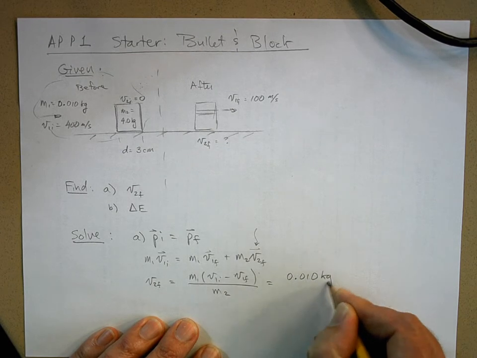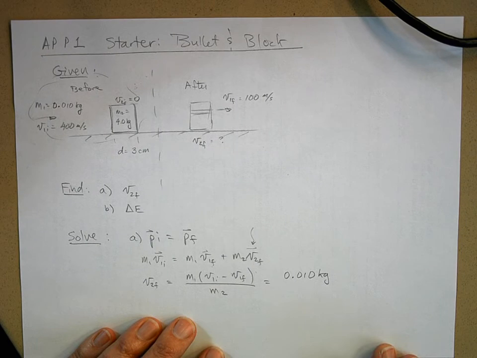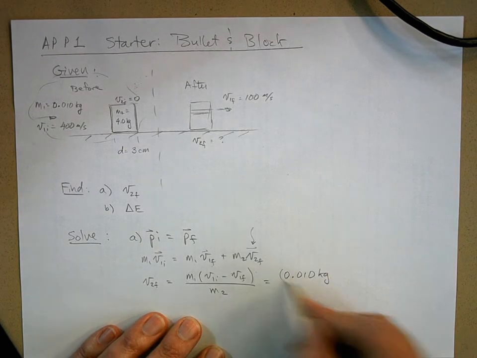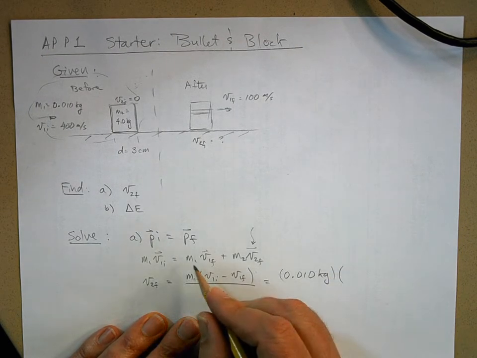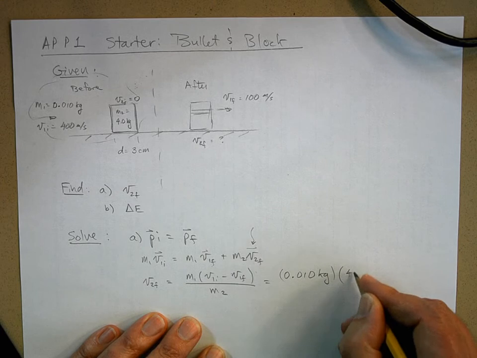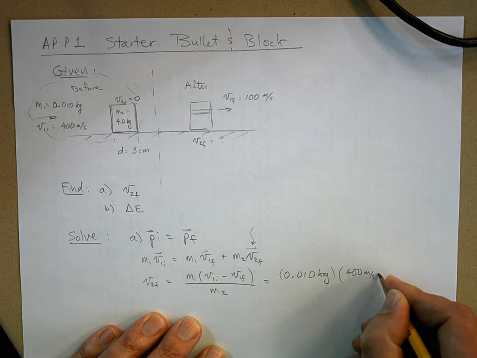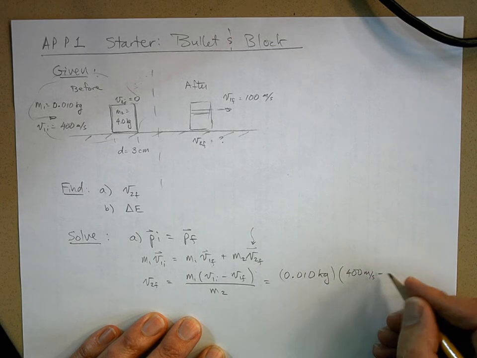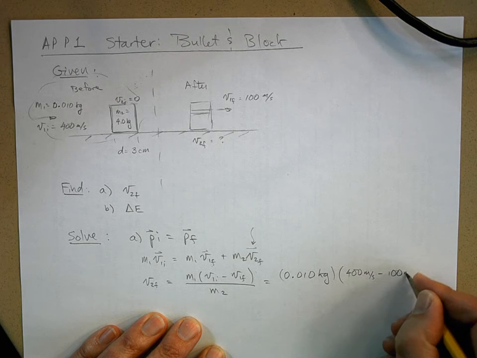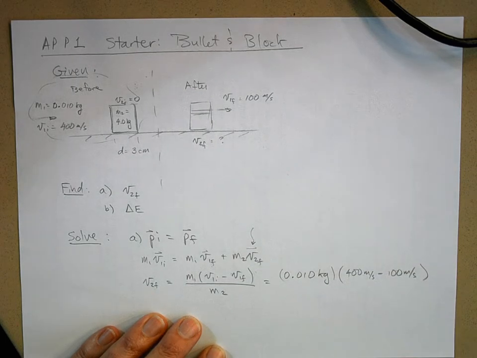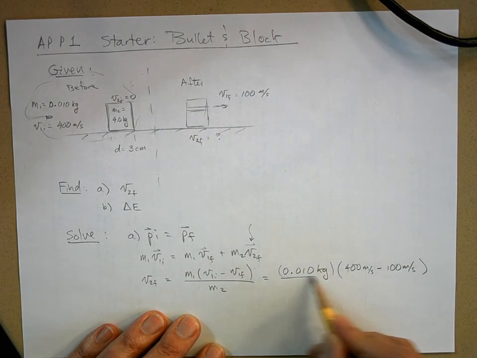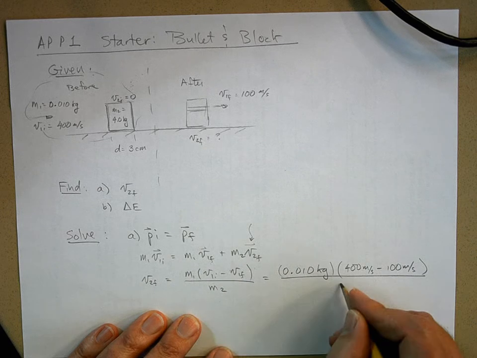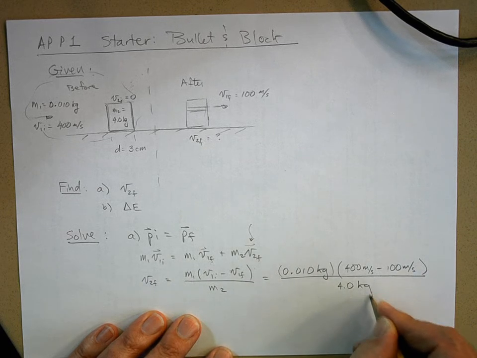So M1 is 0.010 kilograms. And then V1 initial is 400 meters per second, minus V1 final, which was 100 meters per second. And then I'm going to divide by M2, which is 4.0 kilograms.